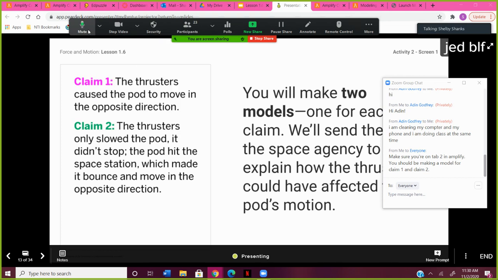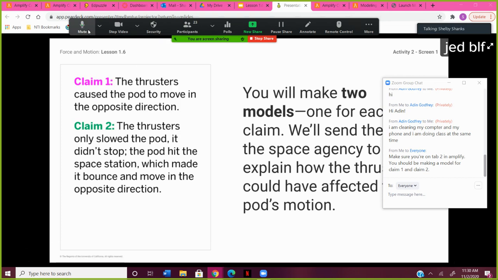Take about 2.5 more minutes to finish up those models. You should be in tab 2 of Amplify.